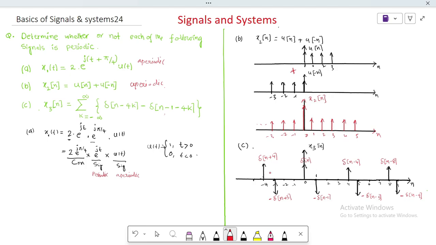This cycle is repeating every 4 seconds, so this is a periodic signal, with time period equal to 4 seconds.